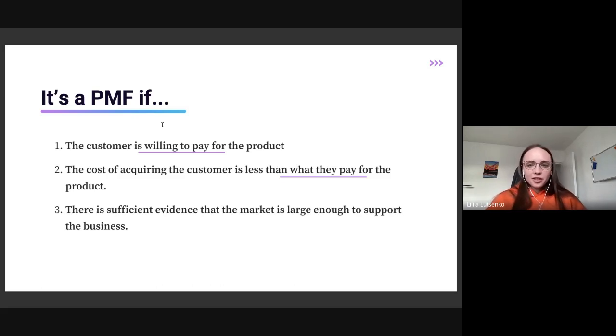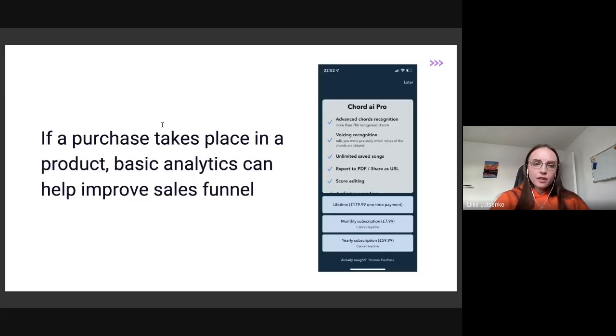Two of these definitions mention the word pay, and answering the question on whether product analytics is needed before product market fit is achieved, I would say the following. If the payment takes place inside of the product, basic analytics can help you improve the sales funnel.